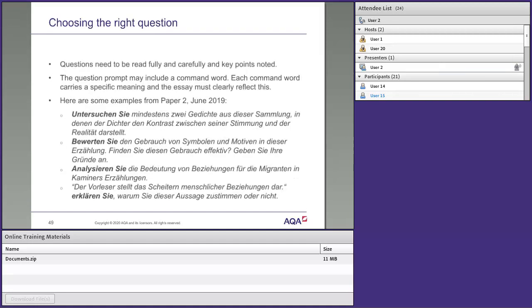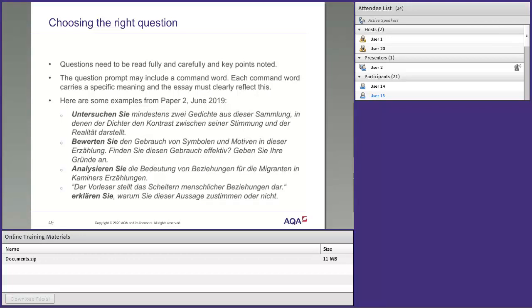So questions need to be read fully and carefully, and the key points noted. The question prompt may include a command word, and each command word carries a specific meaning, and the essay must clearly reflect these. So here are some examples from paper 2, June 2019.